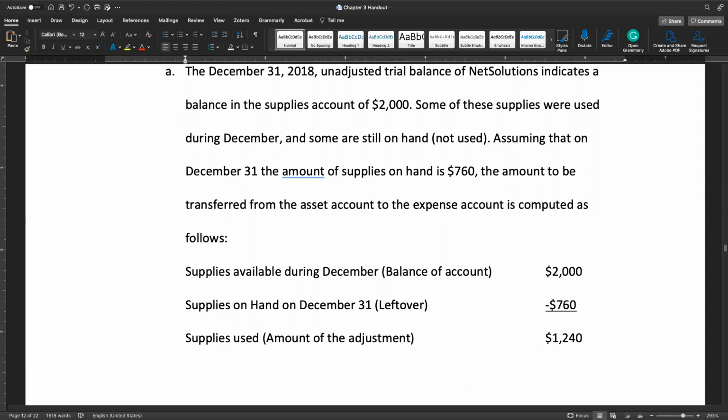So I'm going to give you a little formula here underneath to help with any of the prepaid expense problems, because you're going to run into this a lot.